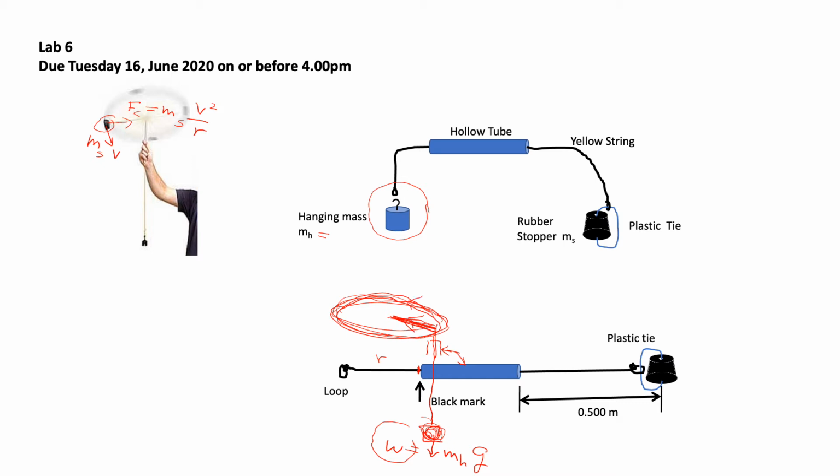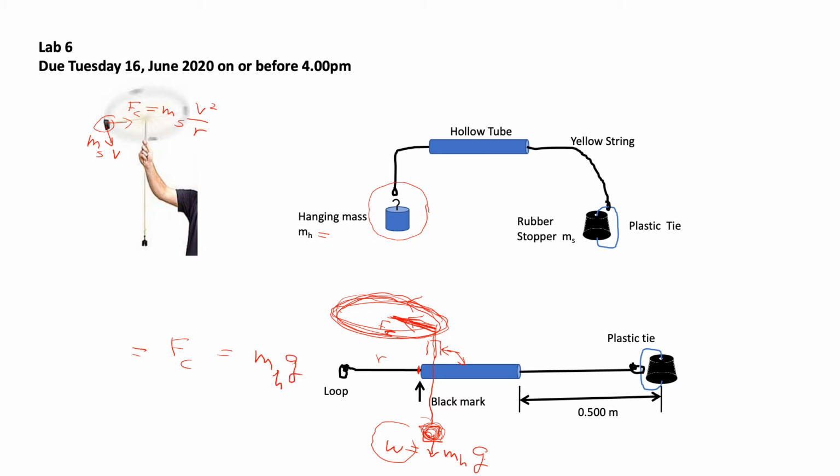When you increase the speed, we are increasing the centripetal force, which balances the weight force, in other words, hanging mass times gravity. So basically Fc, the centripetal force, balances with W, which is the hanging mass times g.